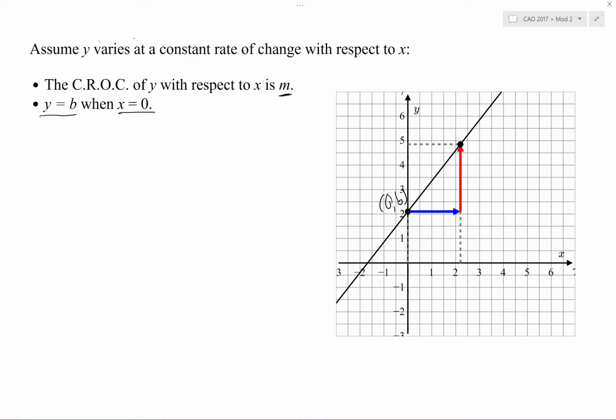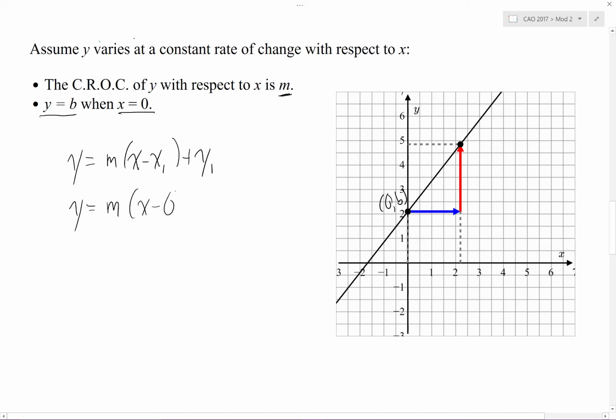Now the general linear function formula tells us that y is equal to m times x minus x1 plus y1. And our reference value for x is 0 and for y is b. And therefore our formula simplifies to y is equal to m times x plus b.